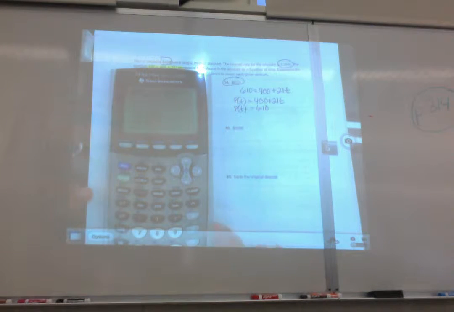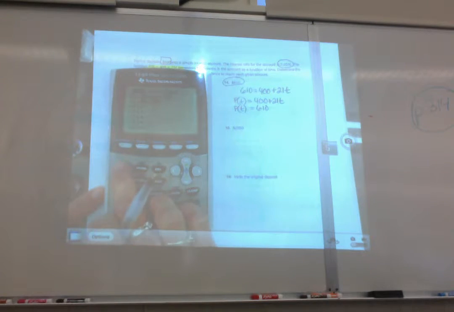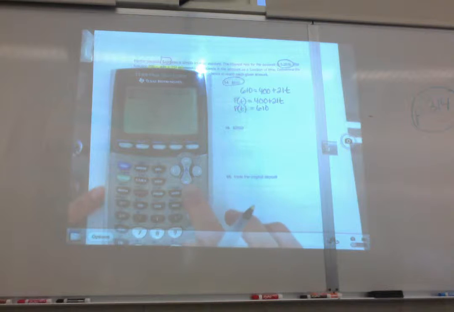Put both of those into Y equals, one of them as a y1, the 610 as a y2. We go second calc, intersect. Uh-oh. Window.